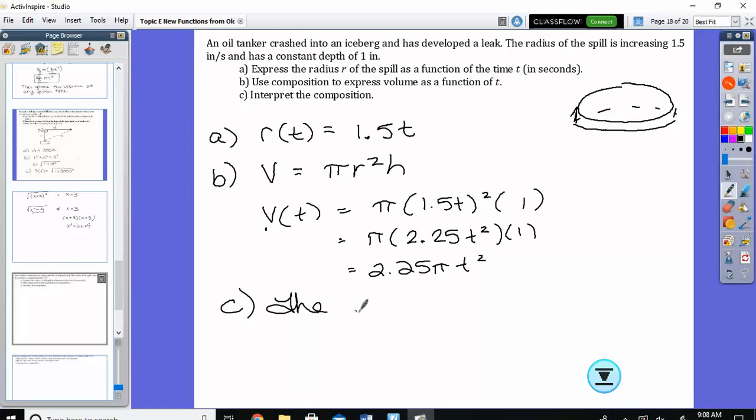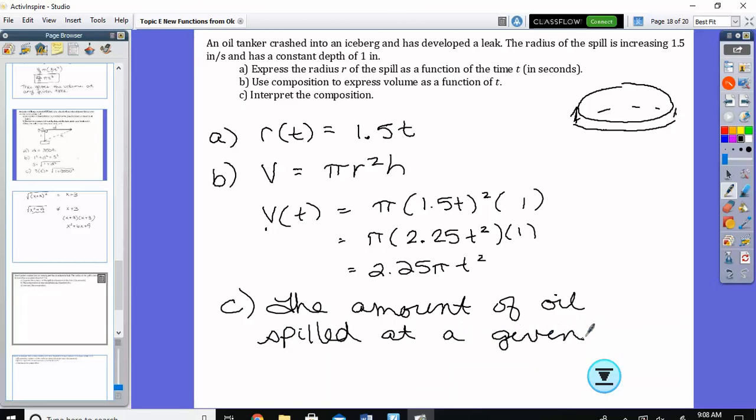So it's saying the amount of oil spilled, or the volume of oil, at a given time. All right.